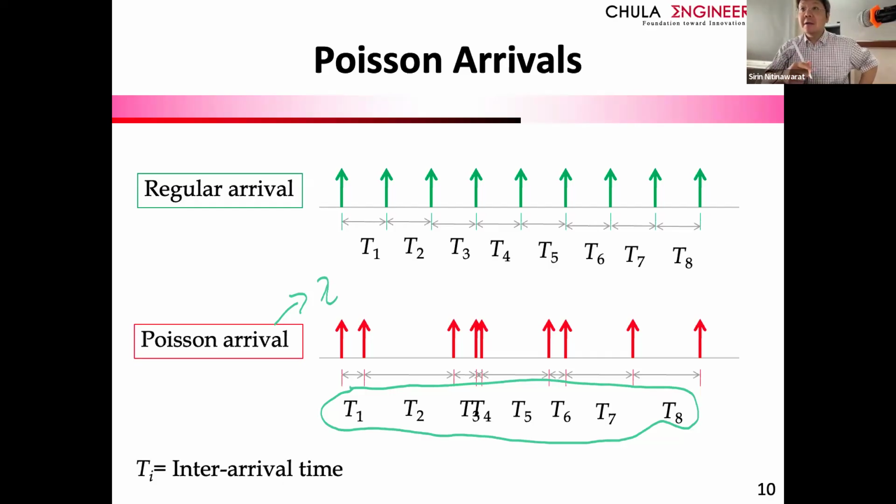What do you mean by T2 is independent of T1? Let's just consider two, T1 and T2. Why should T2 be independent of T1? How can I argue that T2 is independent of T1?